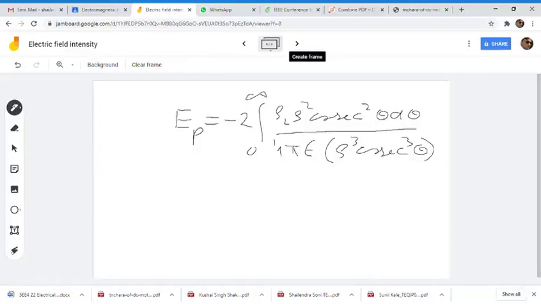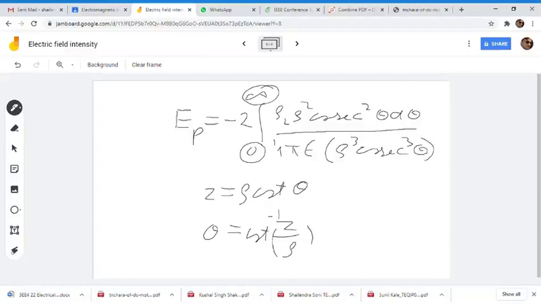These limits will be converted because you are now taking d theta. So how you will do it? Take z is equal to rho cot theta. So your theta will be cot inverse of z by rho. So if you put z is equal to 0, theta will be equal to pi by 2.